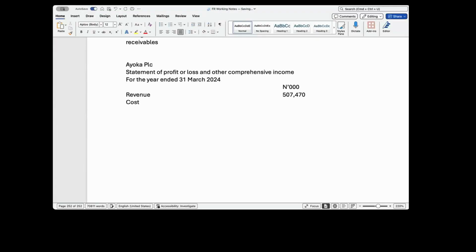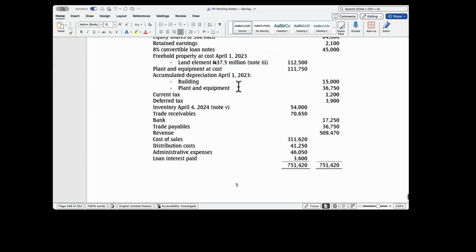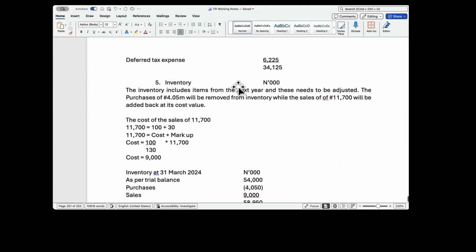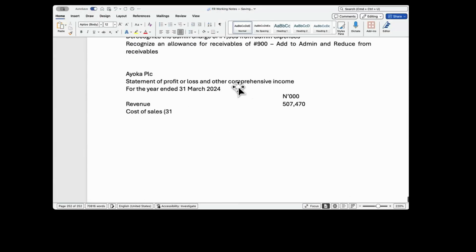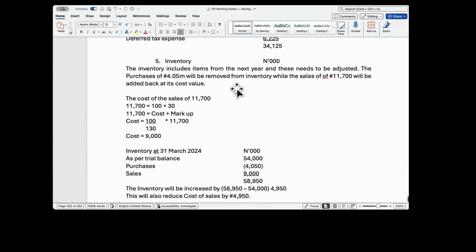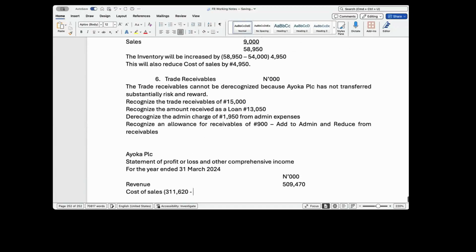Then what's my cost of sales? There were some adjustments to cost of sales. How much was my cost of sales? 311,620. There's some adjustment that I made in the note. Sir, check that revenue, sir. You said 509, not 507. Thank you, Mr. Jamil. So that's why I said somebody should snap and be calling the figures. Otherwise, I'll just write one figure for you. You go and deal with that.